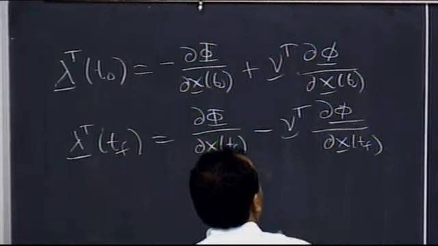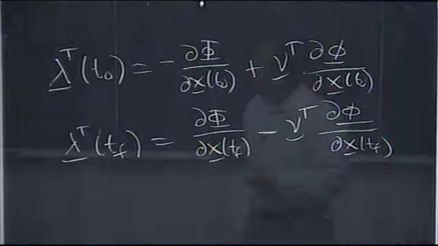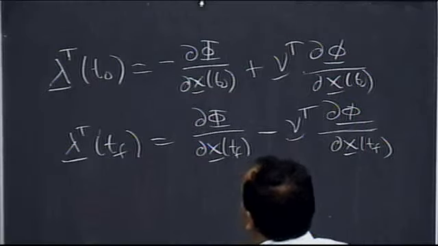Okay, now, when you look at these conditions, you have to understand that you can see that they involve two things. They involve the Mayer cost, and they also involve the boundary conditions.